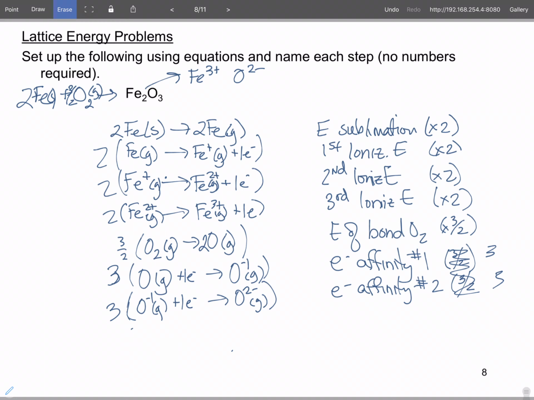So if you'll notice, what I've been trying to do is keep the arrows lined up. I've done an okay job. It's not great. 3 Fe 3 plus gas plus 3 O2 minus gas yields Fe2O3 solid. So this is my lattice energy.